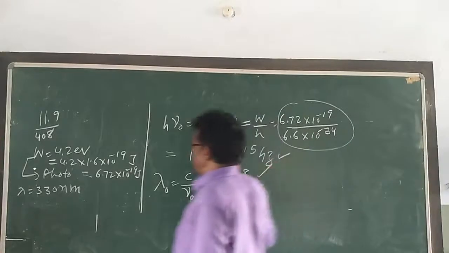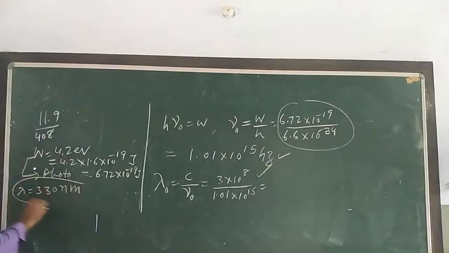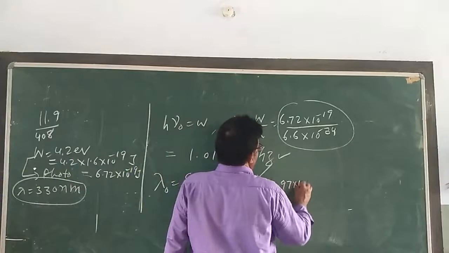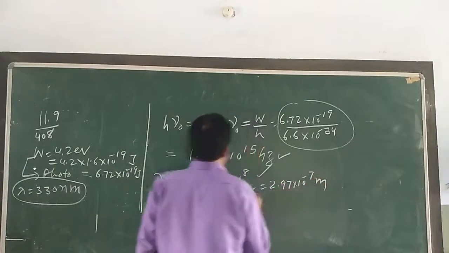That is 2.97 into 10 raised to power minus 7 meter.